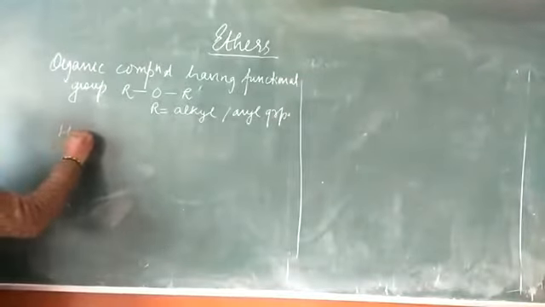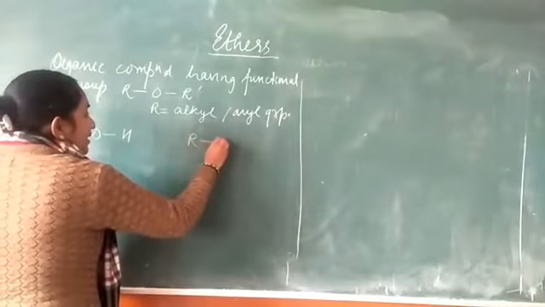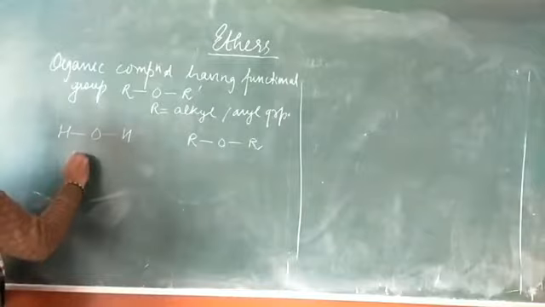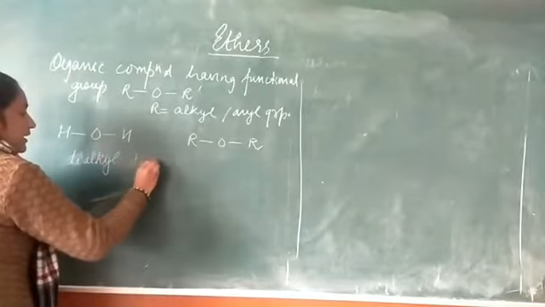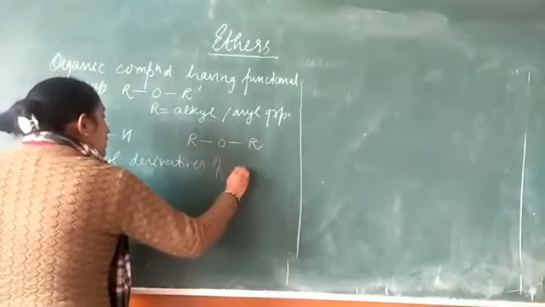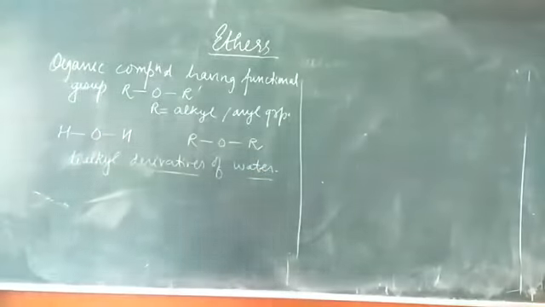We know the water formula H-O-H and it is R-O-R. So we can also name the ether to be dialkyl derivatives of water, right?